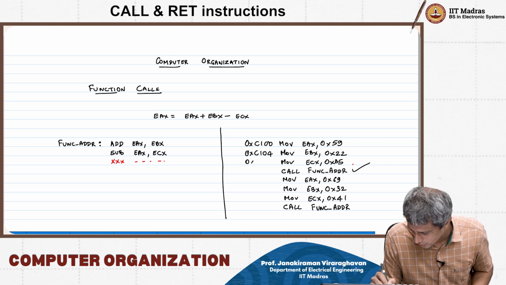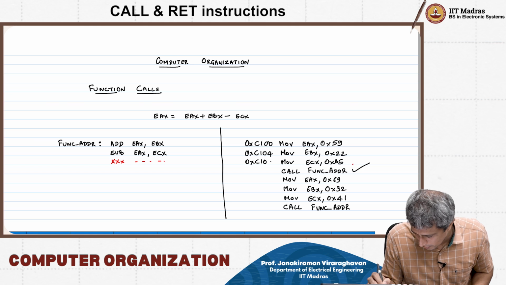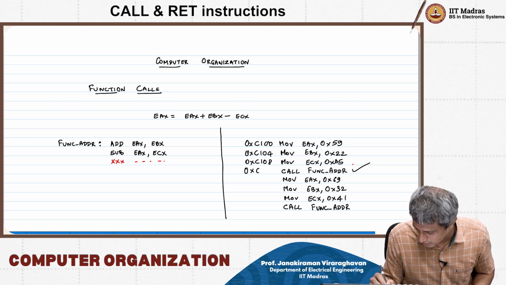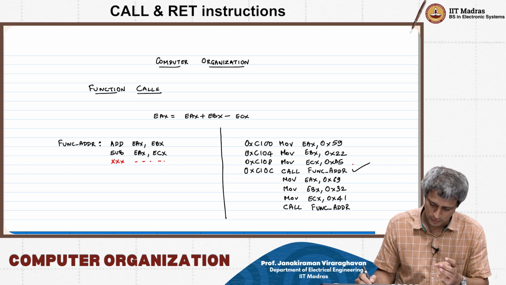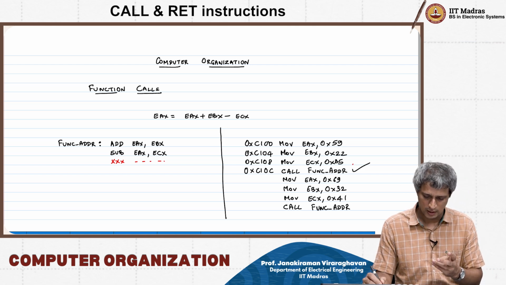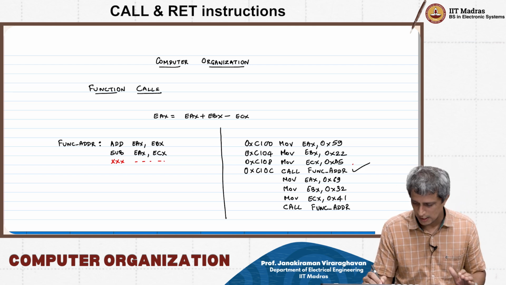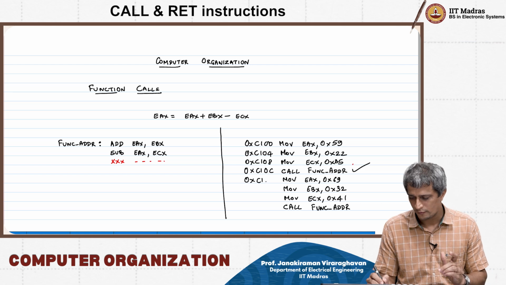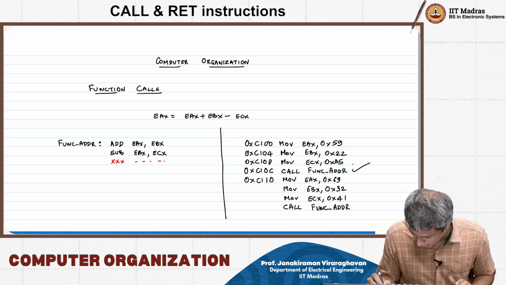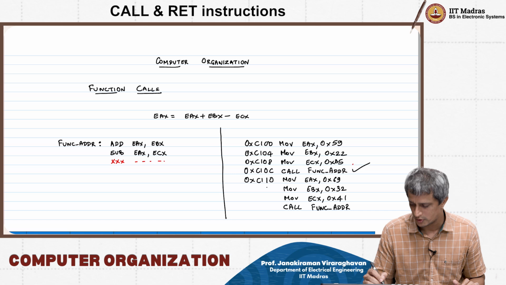C104, 0xC108, 0xC10C, right? 8, 9, 10, 11, 12, yeah, A, B and C, then 0xC110. This is where it is.